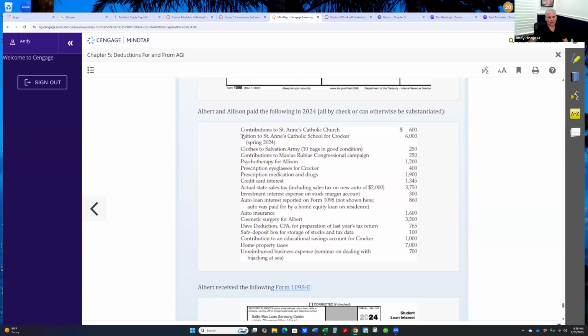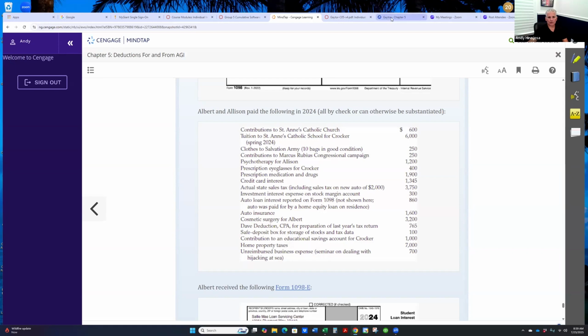Okay, so the first item listed is contributions to St. Anne's Catholic Church. All churches are considered to be nonprofit organizations. They're not 501(c)(3)s, but they're definitely qualified as a charitable organization, which makes the contributions to churches and other charitable organizations deductible. So the $600 would be a deduction.